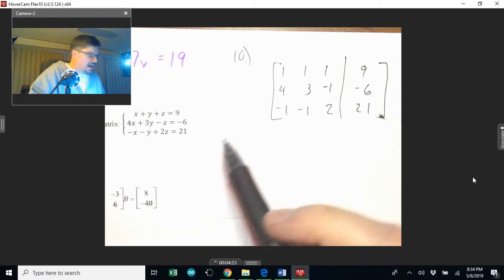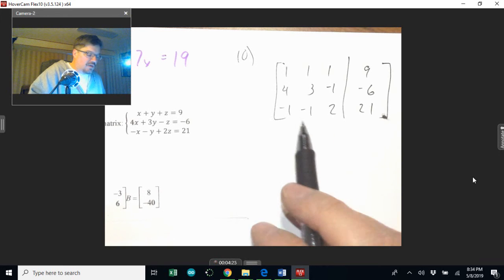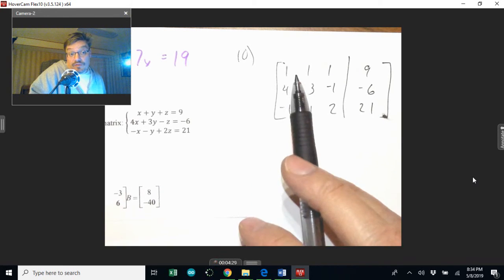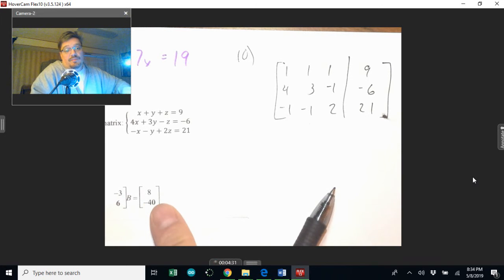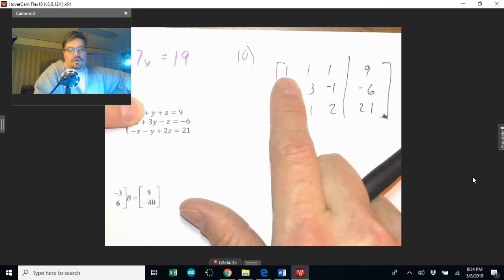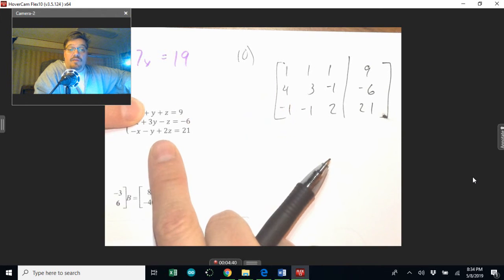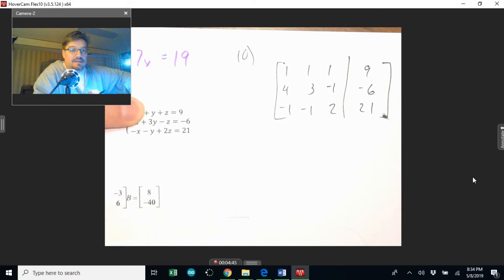Now, there'll be lots of places where there are no variables. If there's not a variable, for example, if that x was not there, you would have to put a 0. I'm also going to give you a heads up that in this problem, the variables could be rearranged. If you're watching this video, you have an advantage because I'm going to rearrange them.